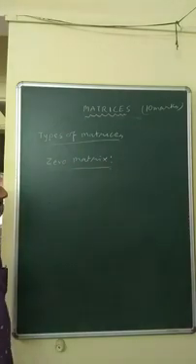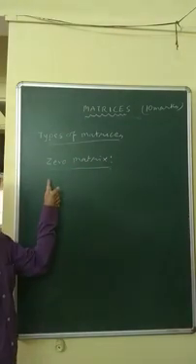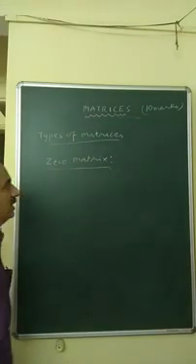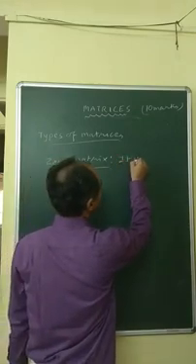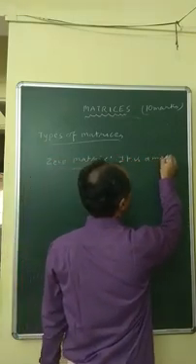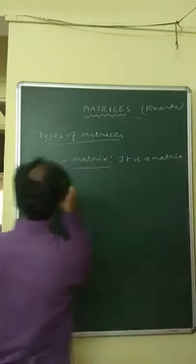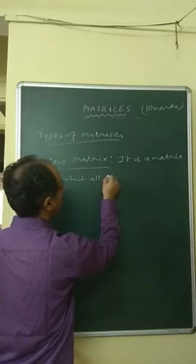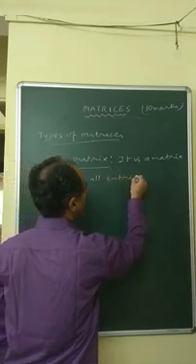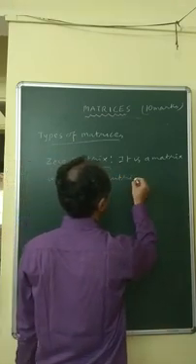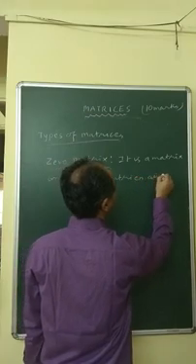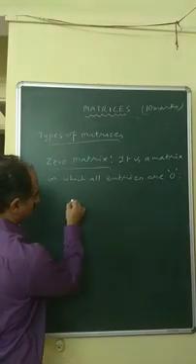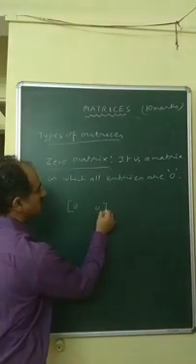Zero matrix. A zero matrix is a matrix in which all entries are 0. Example: 0, 0.